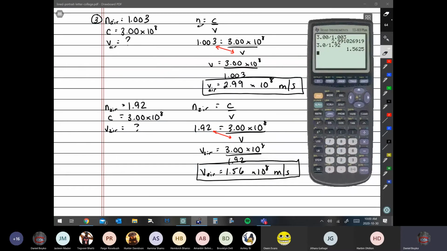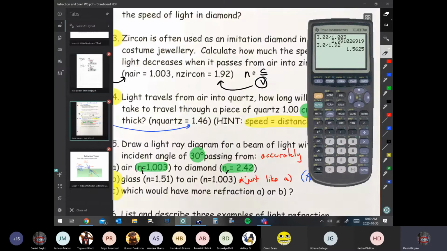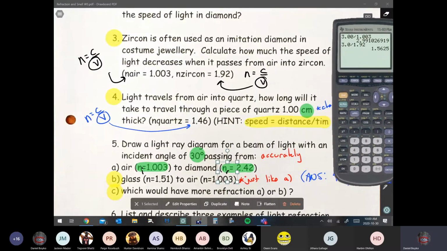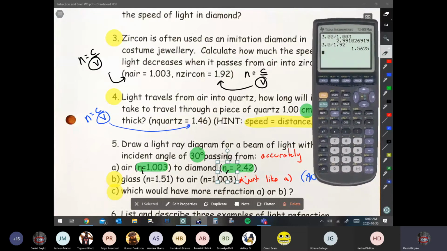That's it for 3. Okay, for question number 4, we want to figure out how long it's going to take for light to travel through a 1 centimeter thick piece of quartz, given that quartz has a refractive index of 1.46. So the first thing we're going to do is figure out the speed of light in quartz.